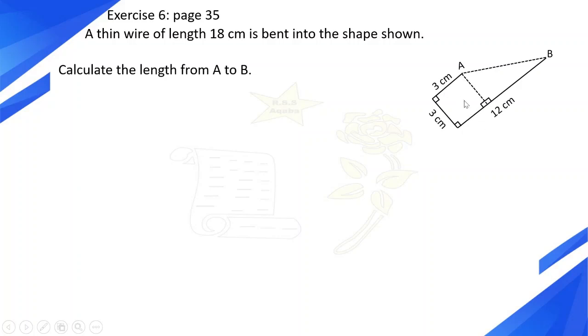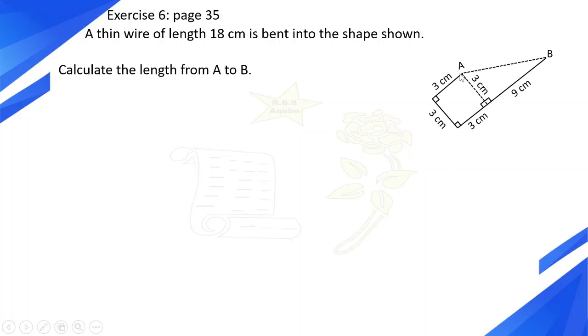Now, what about the length of this side? Of course, 12 minus 3 gives 9. So this side will be 3 centimeters and this side will be 9 centimeters. 9 plus 3 plus 3 plus 3 equals 18, the length of the wire.